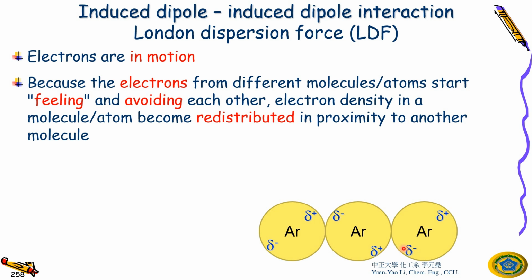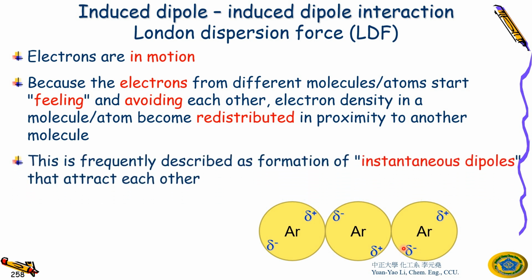Okay? Right. So this is frequently described as a formation of the instantaneous dipoles. So at different times, you have different distributions. So this bonding is very, very weak. Okay, they attract one another because these are all induced.